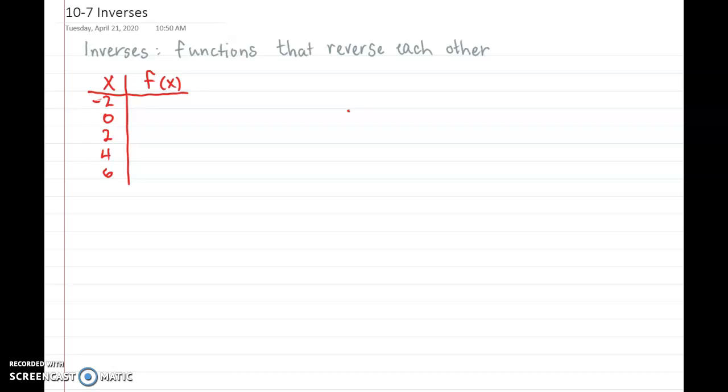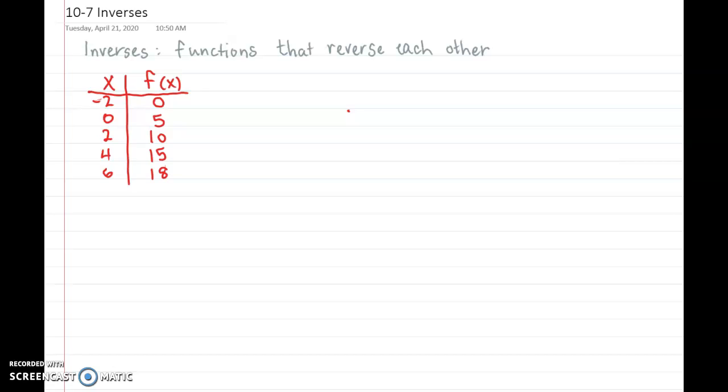We might have y-coordinates like 0, 5, 10, 15, and 18. And it looked like it was linear at first, but it doesn't have to be a linear function. It can be any function. But this is a table definition for a function.